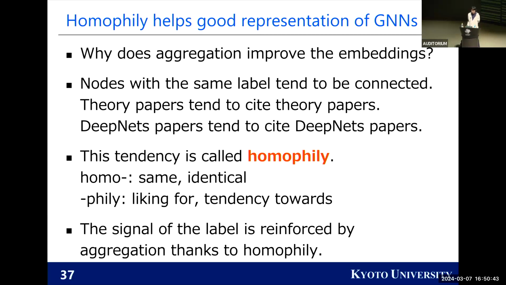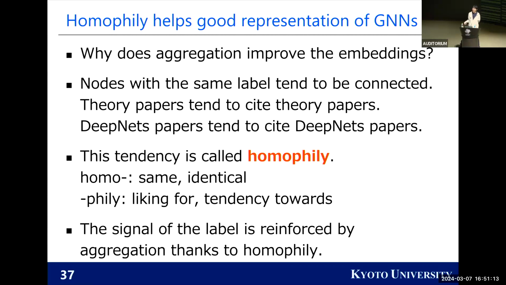And thanks to homophily, the signal of the same label is reinforced by aggregation, or taking the average of the surrounding nodes. And this can also be understood by the law of large numbers. The node features can be noisy and have variance, and there may be some abnormal features in the node features. So just by using the raw features, we can make wrong predictions.